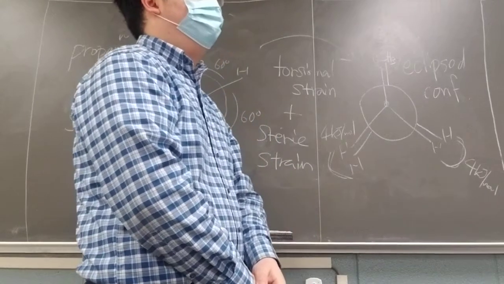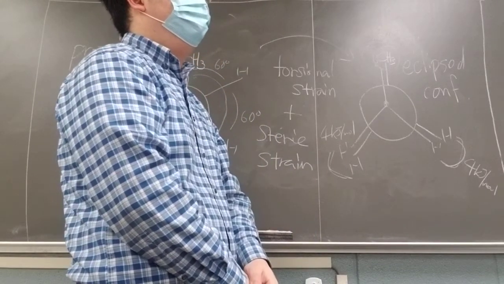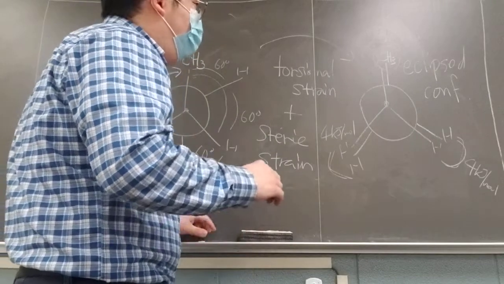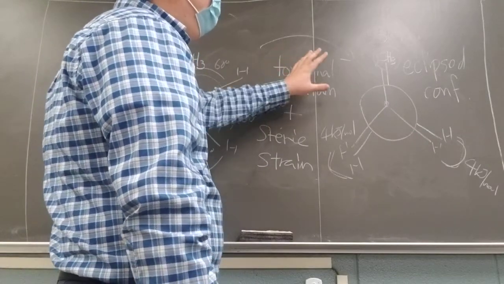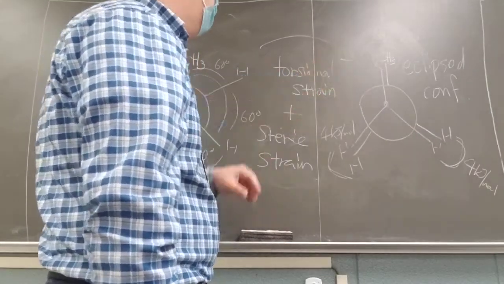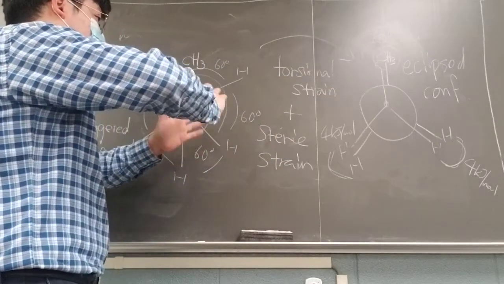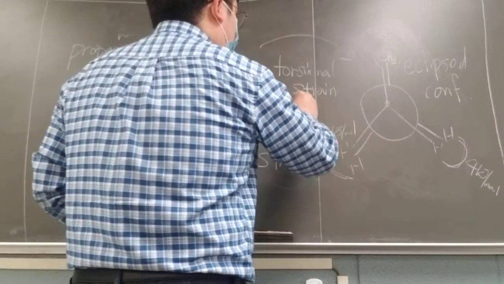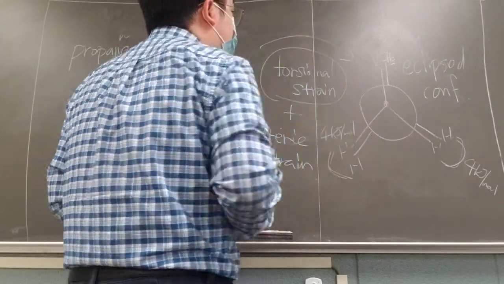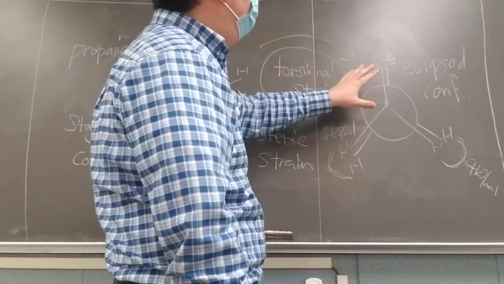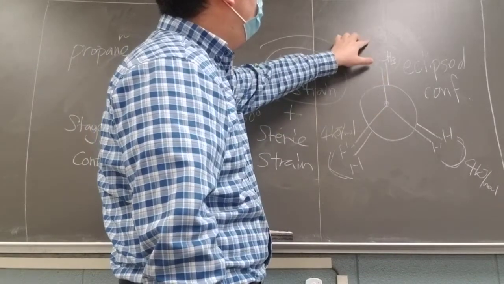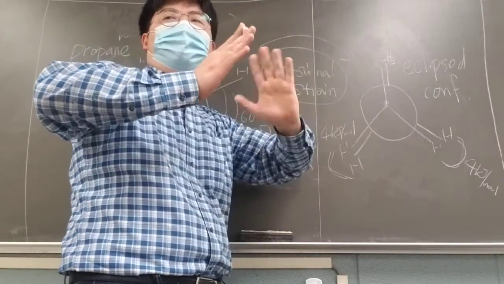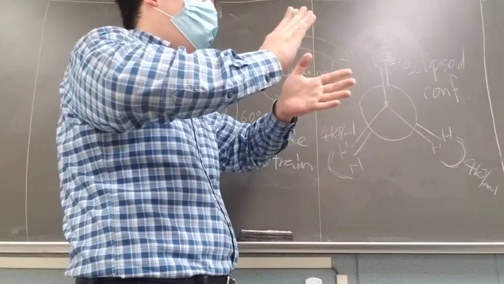Can you repeat the definition of the, is it steering? Static. Yeah. So static strain simply means this one. So we're comparing this one to ethane, right? So this is coming from how you rotate it, from rotating your single bond. But if you do the same thing for the propane, this number will be slightly higher. So it's not just about the position. It's also about what group you have on the carbon.